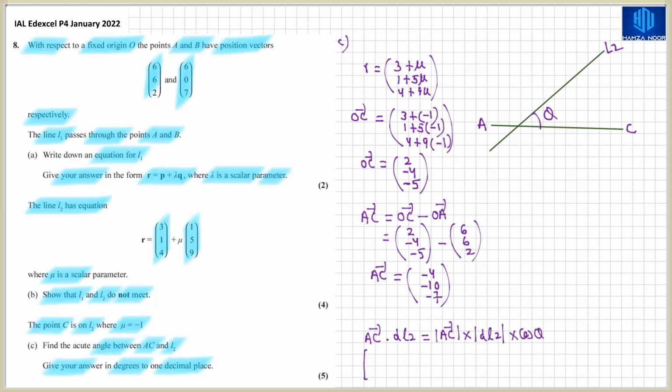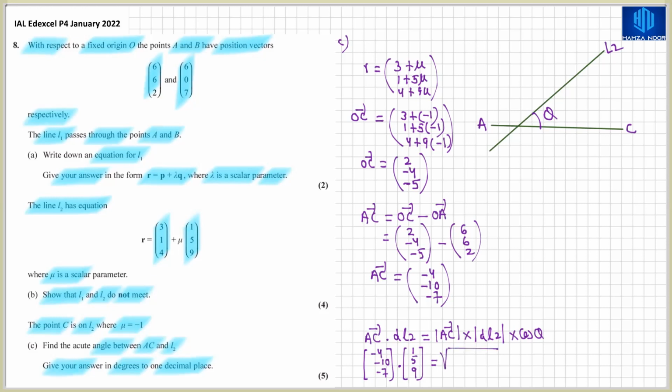So the AC vector is (-4, -10, -7) dot the direction vector of L2, which is (1, 5, 9), and this is equal to the magnitude of the AC vector first.